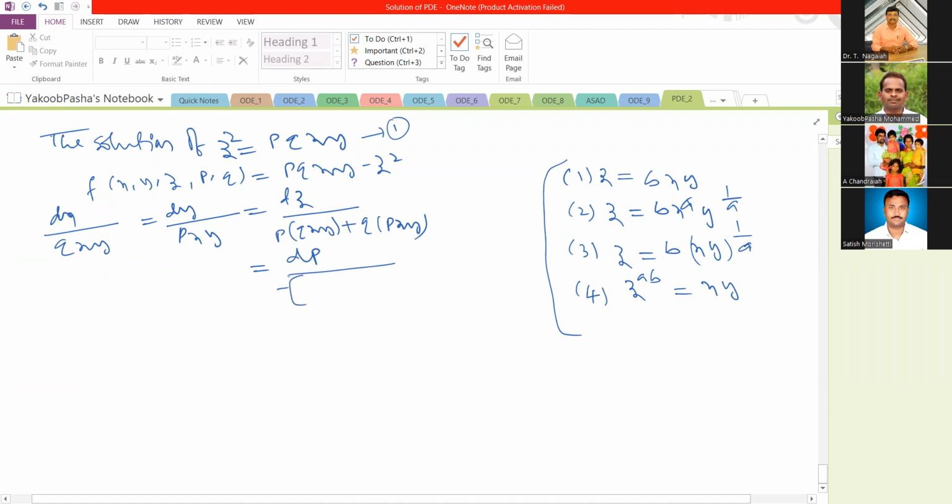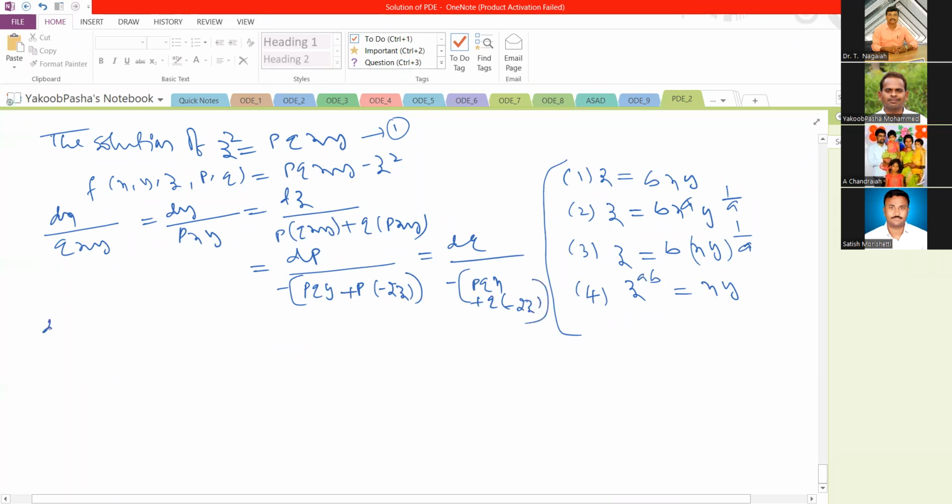minus of fx plus p fz. fx equal to your pqy. This is pqy plus p into fz, that is minus 2z, and dq divided by pq fy, pqx plus q into this, minus 2z as is.